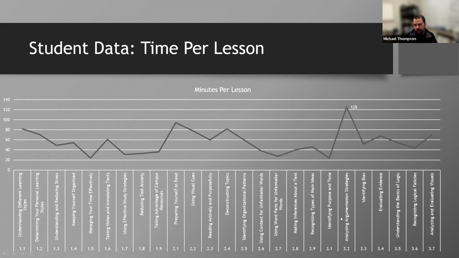What we did then, for example with the argumentation strategies, we just knew that it was going to be a bear for students. We knew it. So about a month before they were scheduled to start that lesson, we started giving what we called mini lessons.